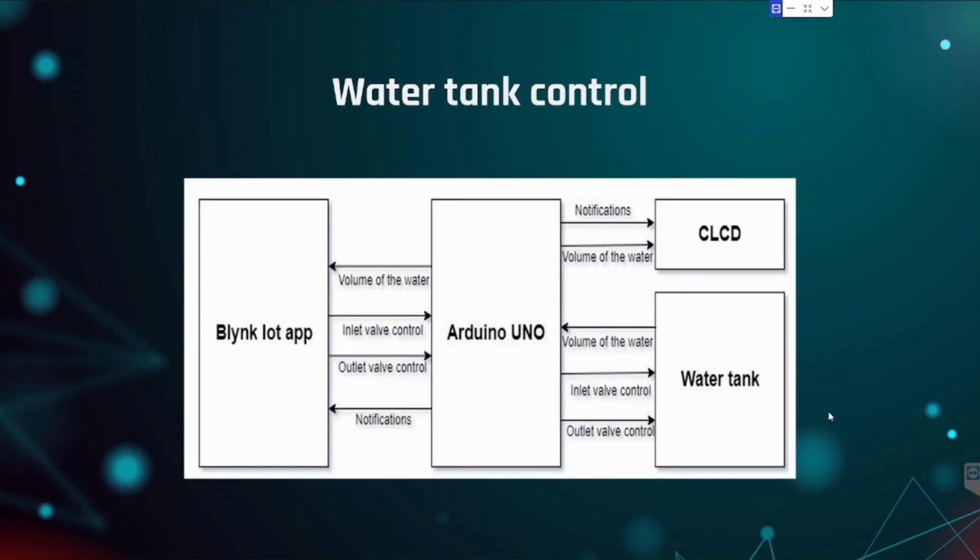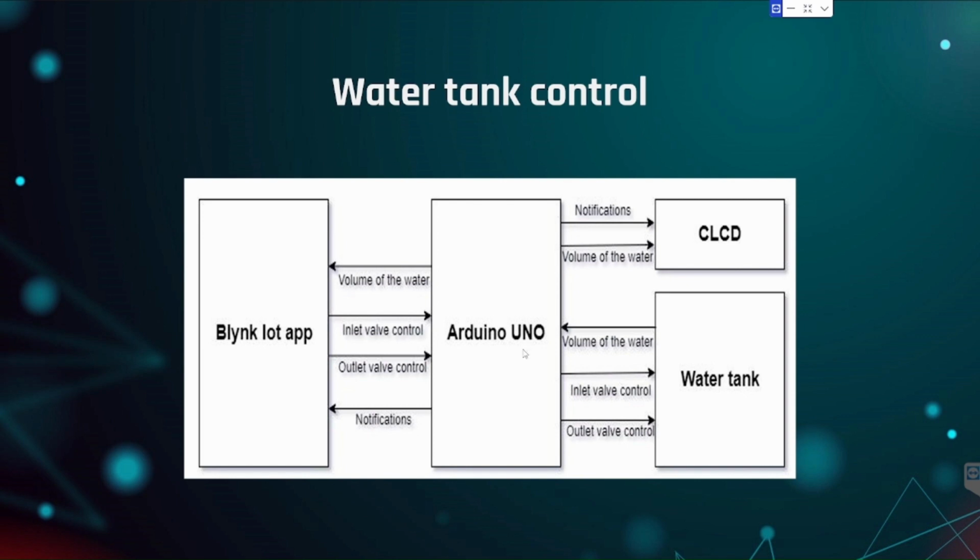Now let's discuss the water tank control. Similar to temperature control, from the Blynk IoT app, we will get the details about the inlet valve control or outlet valve control. Whether we press inlet valve or outlet valve, we'll send the information to the Arduino Uno board.